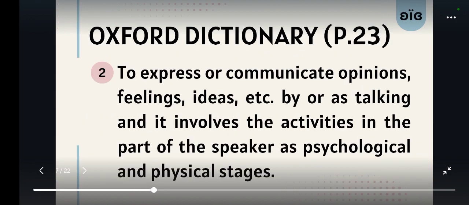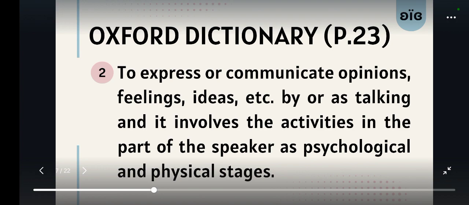Okay. According to Oxford Dictionary, speaking is a skill used to express or communicate opinions, feelings, or ideas by or as talking, and it involves activities on the part of the speaker as psychological and physical stages. So of course, as I have said a while ago, speaking is used to express, right? It's very self explanatory.